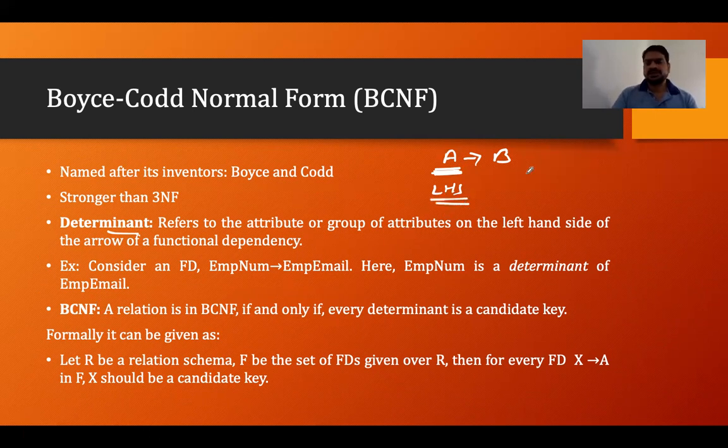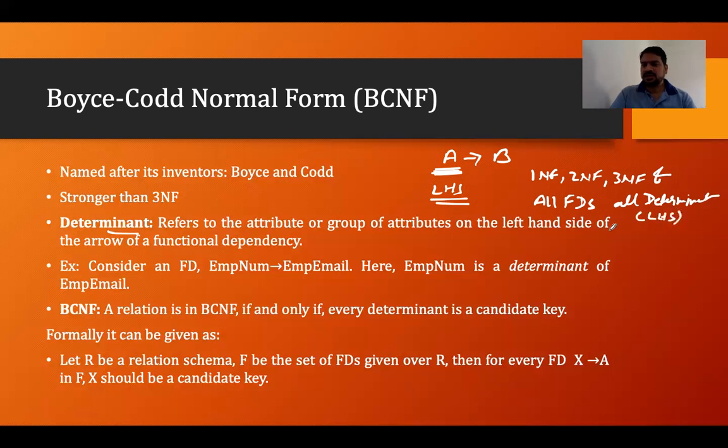BCNF says that your relation should be in first normal form, second normal form, third normal form, and all determinants, meaning left-hand side attributes, should be candidate keys. If not, then there is a problem in BCNF, so we have to split the table.